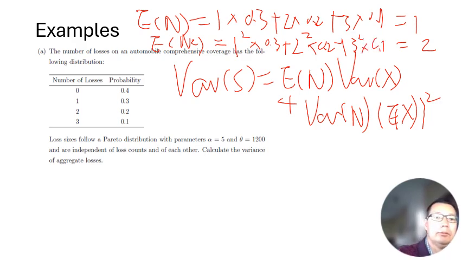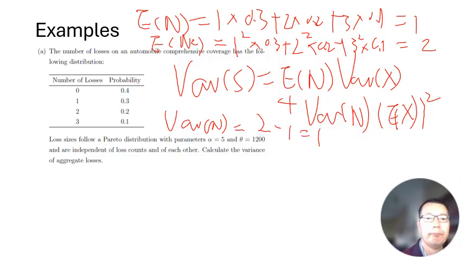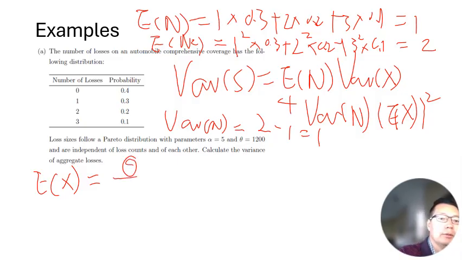So from here we can get Var(N) will be E[N squared] minus E[N] squared, 2 minus 1, equal to 1. Now E[X]: since X is the severity and it follows a Pareto distribution, we know the formula for E[X] is this.